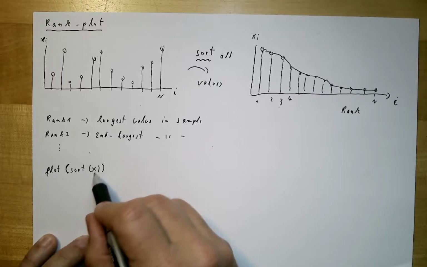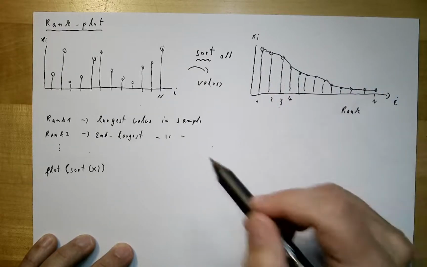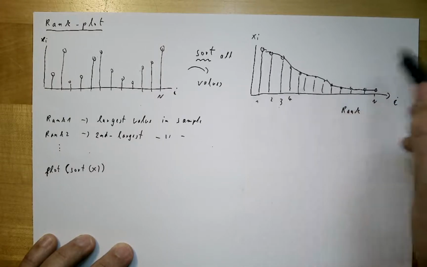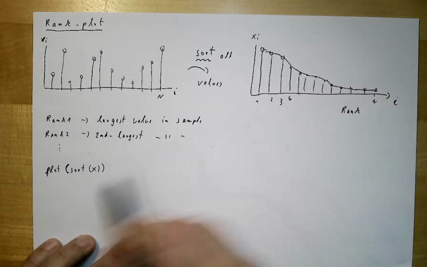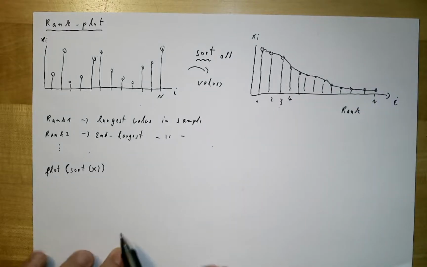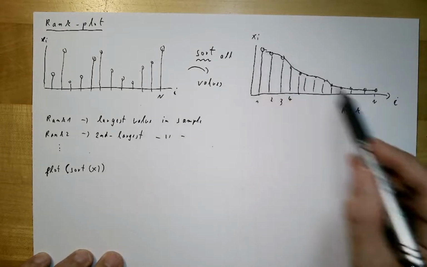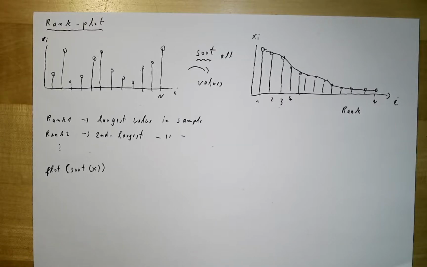Maybe you have to give some other parameters to your library so that you sort in descending order, because some sorting you can also do in ascending order, or you sort in ascending order and then just reverse the resulting vector. So it's very simple to construct such a rank plot.